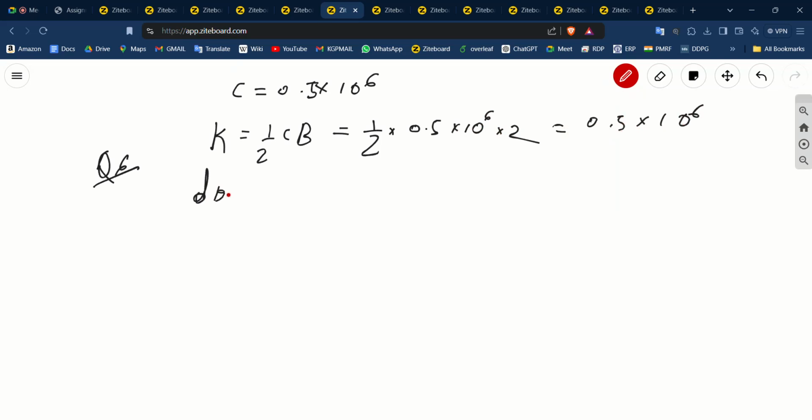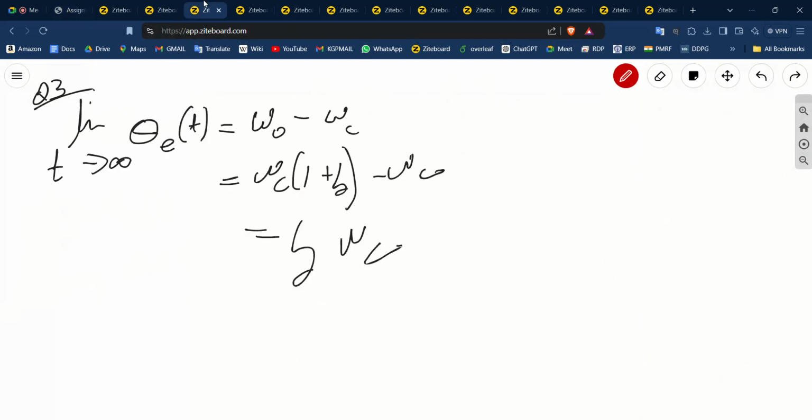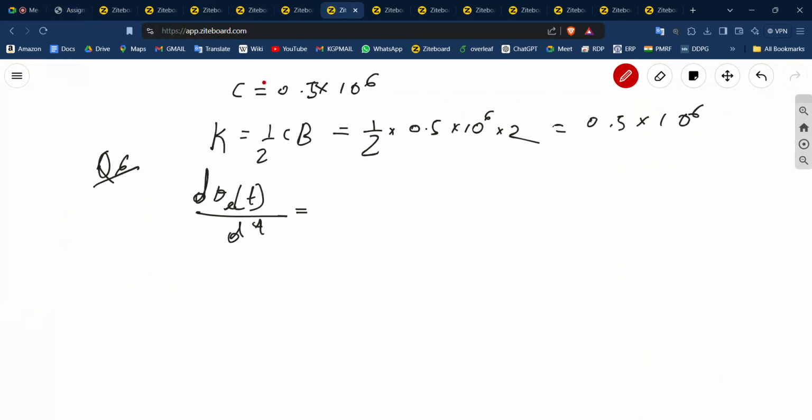So it will be 0.5 into 10 to the power 6. So d theta e/dt is equal to, omega c and omega naught are still the same. So they will be 2 into 10 to the power 6 and 10 to the power 6. So overall it will be 2 minus 1 into 10 to the power 6, omega c minus omega naught.